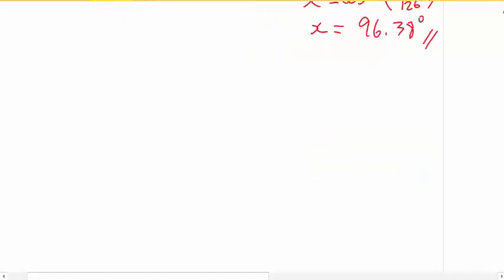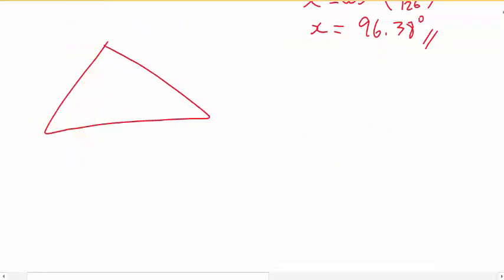Alright, so let's try this one. So this is 7 squared we start with, because we're looking for angle x, which is opposite to 7.